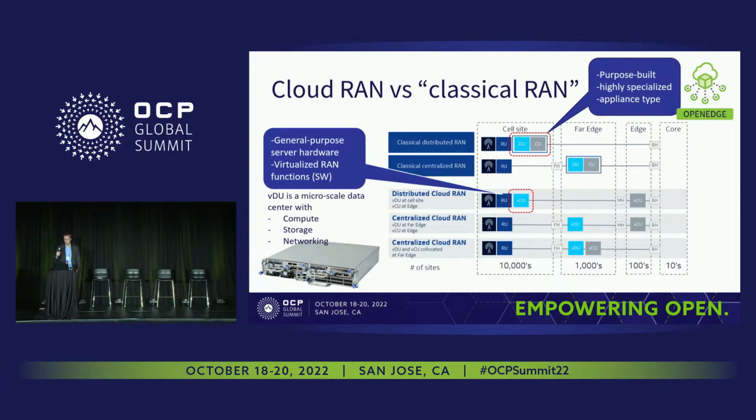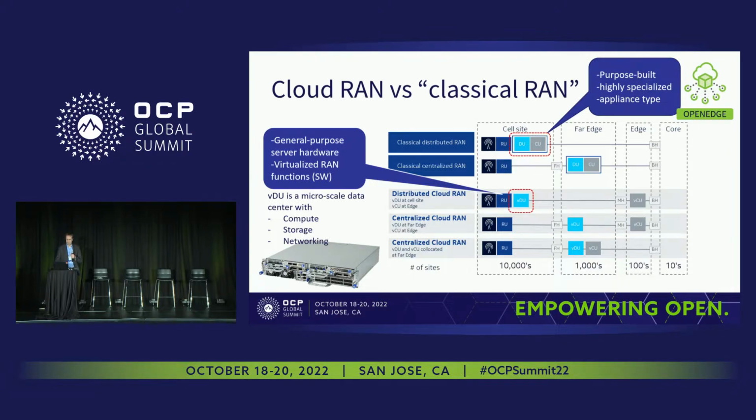And the VCU would still be on the edge site or regional edge site a bit further away. And then the third option, how we see this would be deployed, is a centralized Cloud RAN deployment such that we would locate the video and VCU functions into the same site in the far edge.